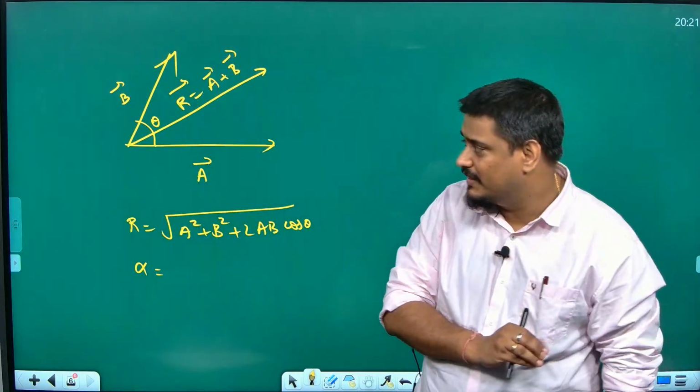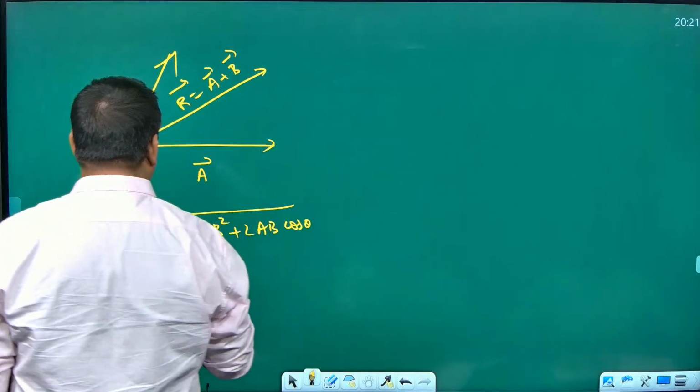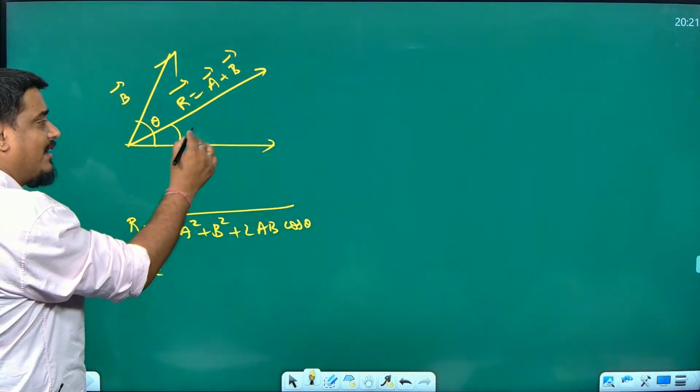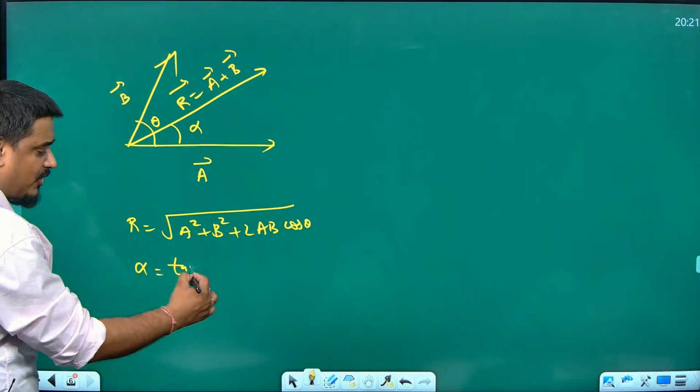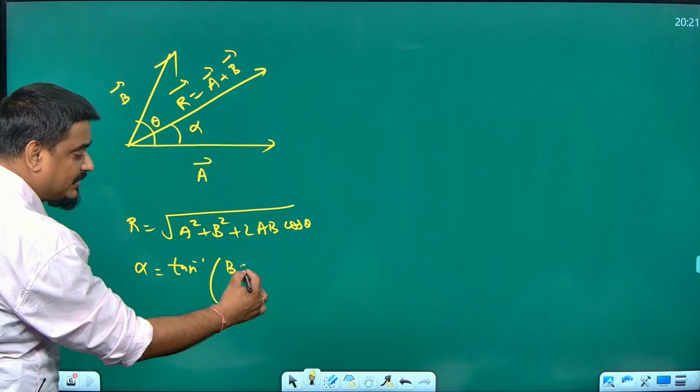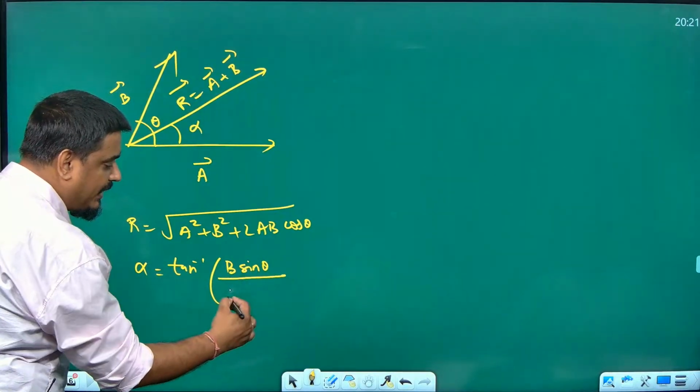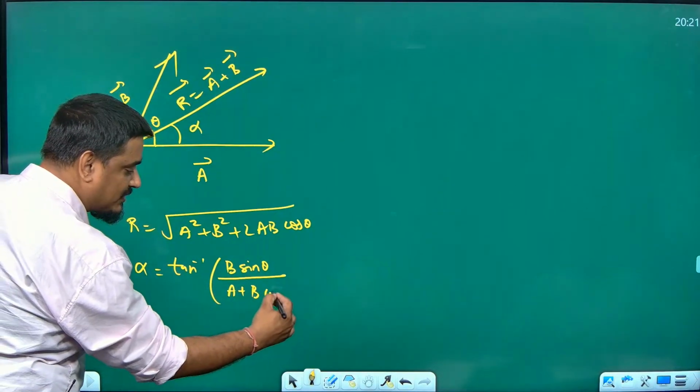Simple way of remembering, thumb rule: the side that is attached with alpha is taken as A and the side not attached with alpha is taken as B. So if I am writing alpha, I will write tan inverse of B sin theta by A plus B cos theta.